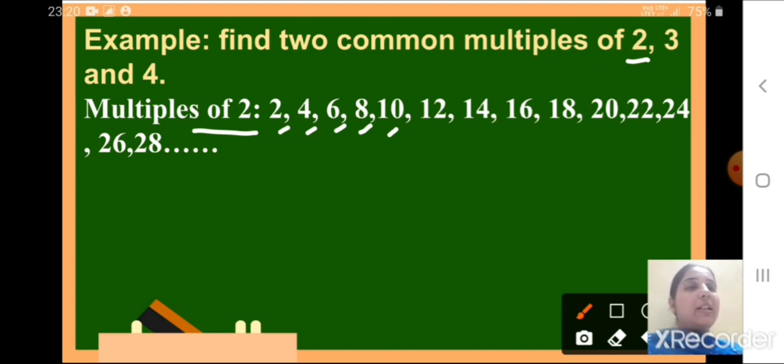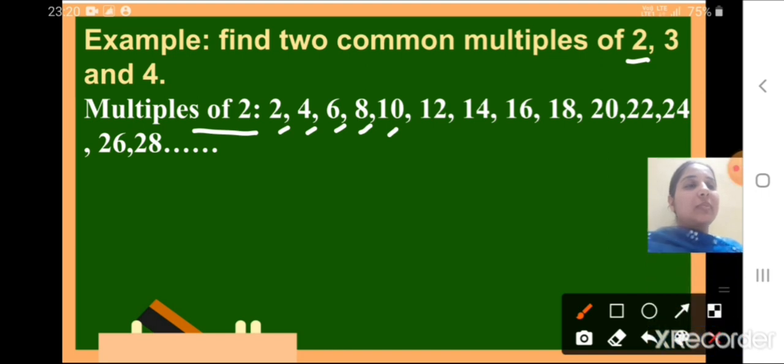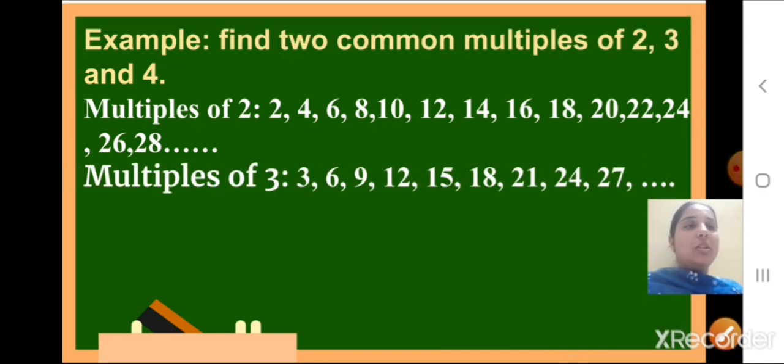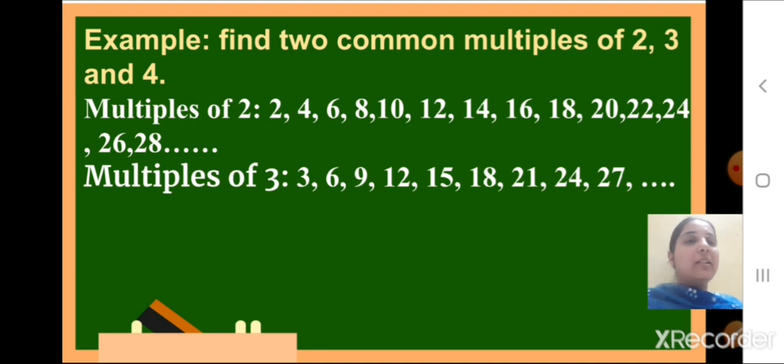Then we will write the multiples of number 3. So again we will write the table of 3. Okay? So 3 1s are 3, 3 2s are 6, 3 3s are 9, 3 4s are 12, 3 5s are 15.